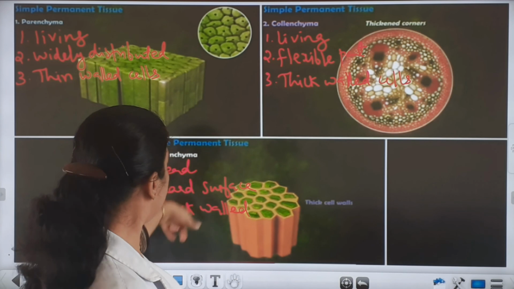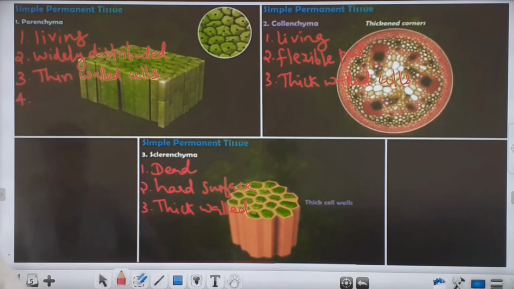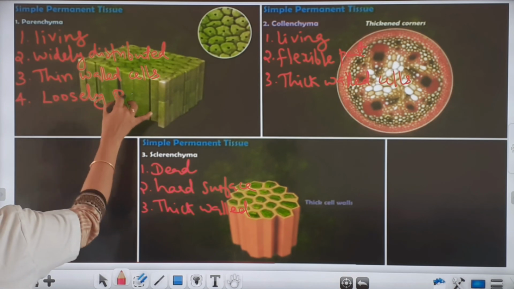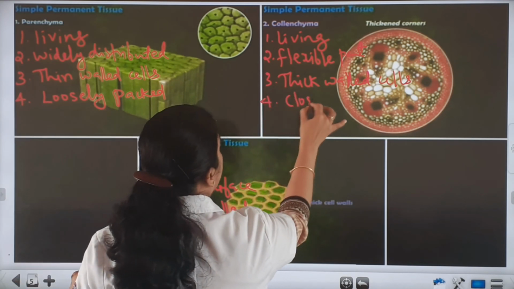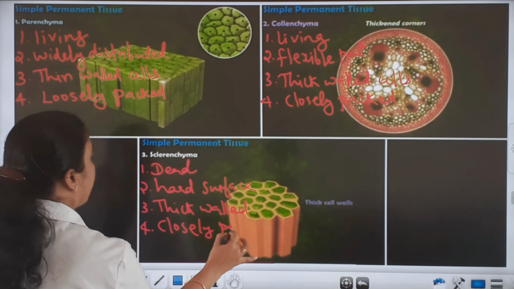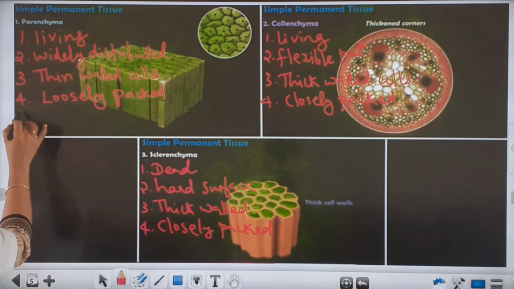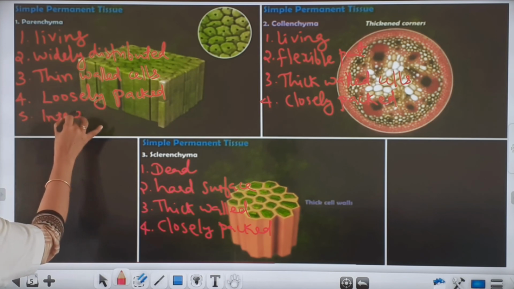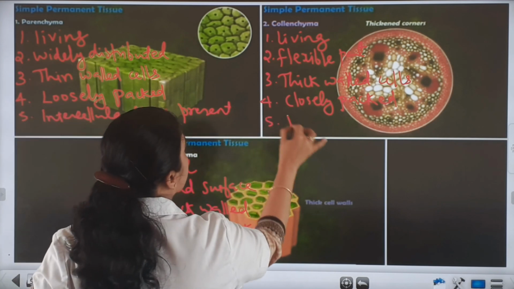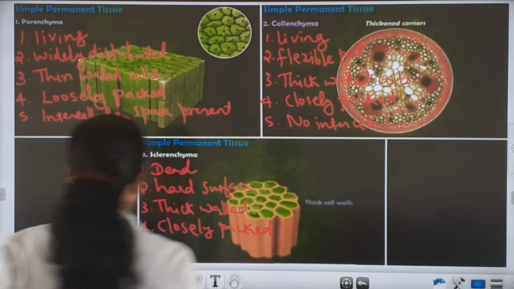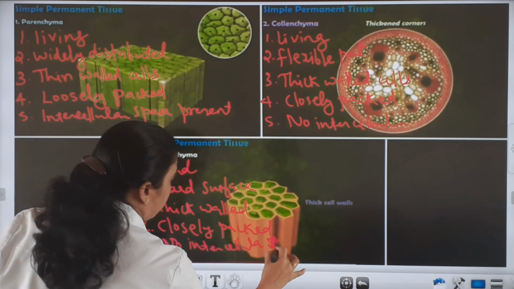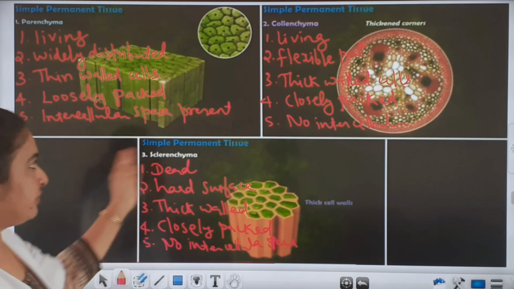The fourth point is, in parenchyma the cells are loosely packed, so intercellular spaces are present. In collenchyma and sclerenchyma the cells are very tightly or closely packed, so there is no intercellular space.